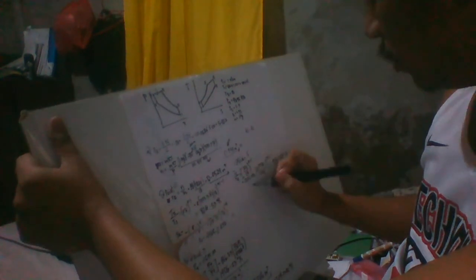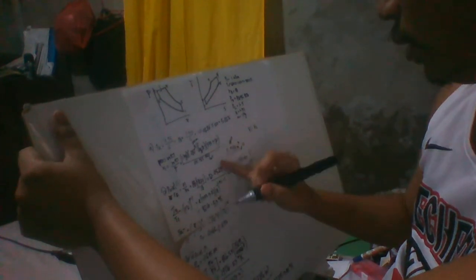So here, 976.084 Kelvin. So V1 is equal to V5, 0.944 cubic meter.